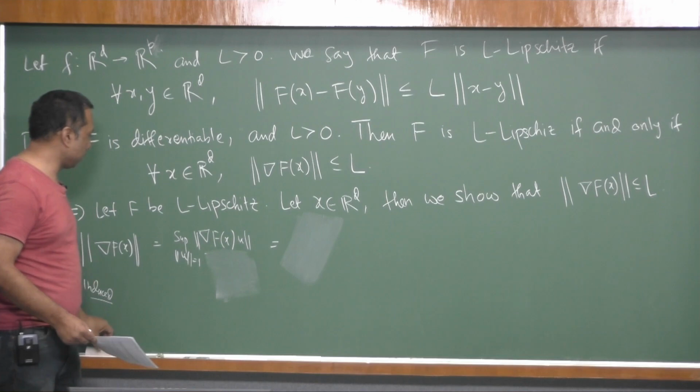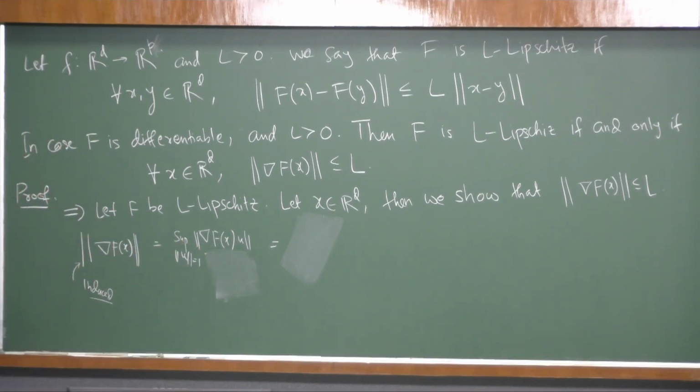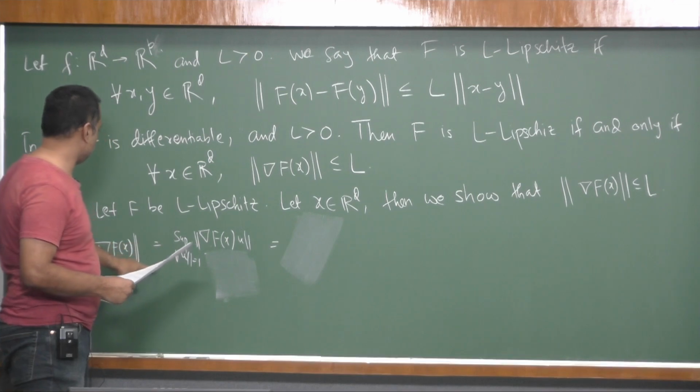So it is enough that we look into these norms, the supremum of these norms. It's enough to look into grad f acting on u where u is on the unit sphere. That's what this norm means, right? Now we are supposed to use this and prove this.